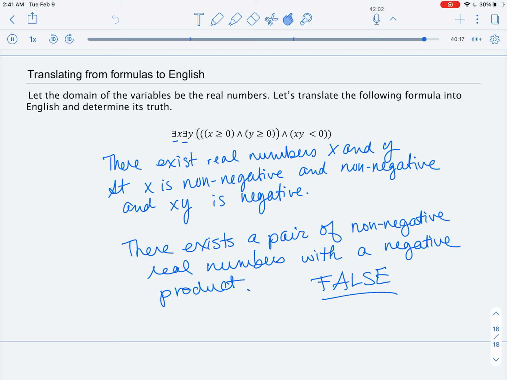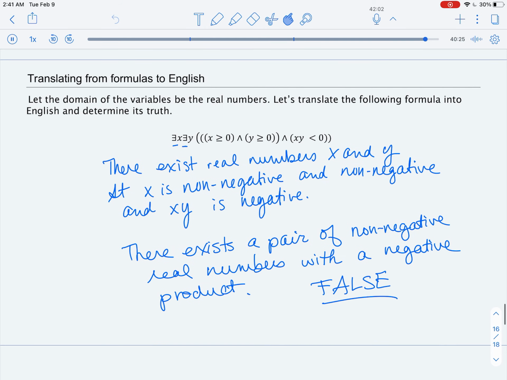Now, what may be helpful to consider when we negated the nested quantifiers, you'll notice that for any x, for any y became there exists x, there exists y. And it might be a helpful exercise to consider what you would need to show in order to show that a statement with nested quantifiers is true or false.